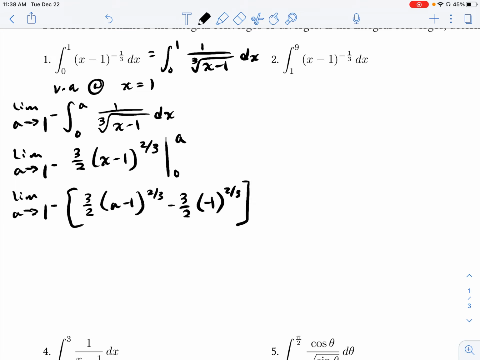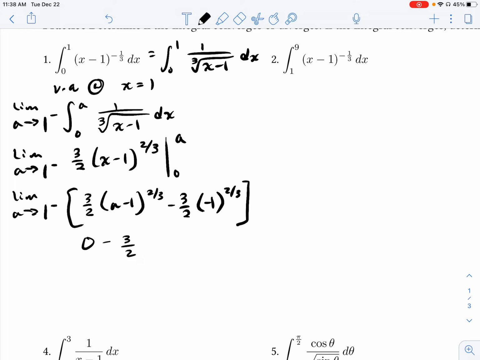So now we can actually evaluate that limit. As we approach 1 from the left side, we're going to get closer and closer to 0. And 0 raised to the 2/3 is still 0, times 3/2, still 0. Then we can evaluate here, just (-1) to the 2/3 times -3/2. I want to make sure I'm good with my signs.